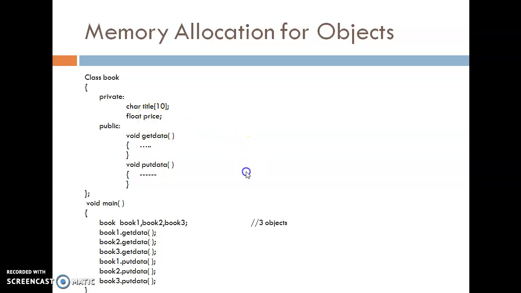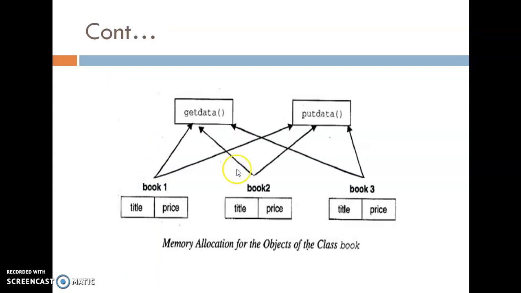So how is the memory allocated for the object? See here. This is book 1. For book 1, different memory is created for both title and price. So in book 1 dot title, CP is stored, and in book 1 dot price, 90 is stored.